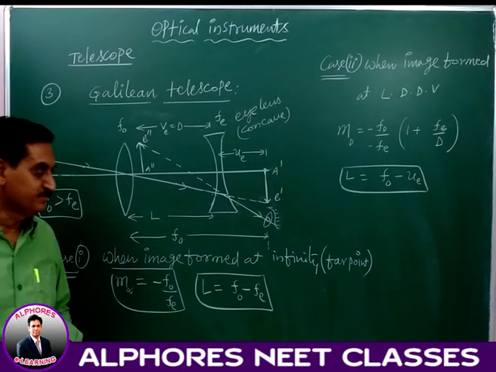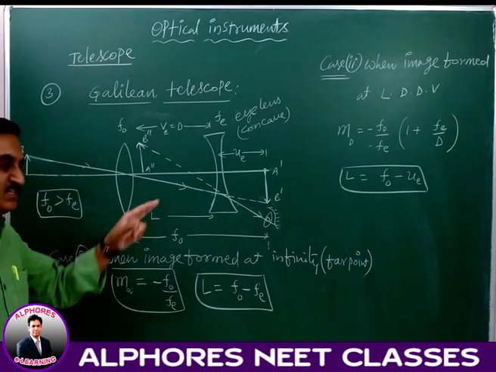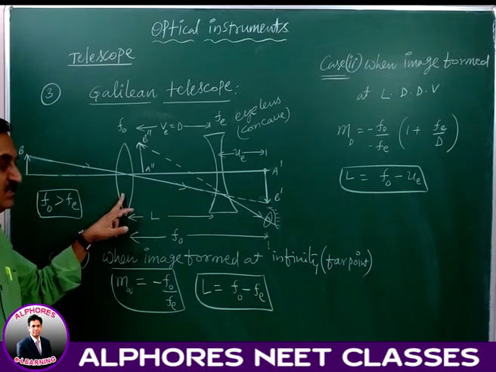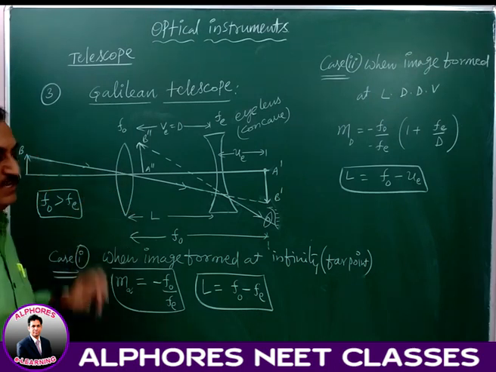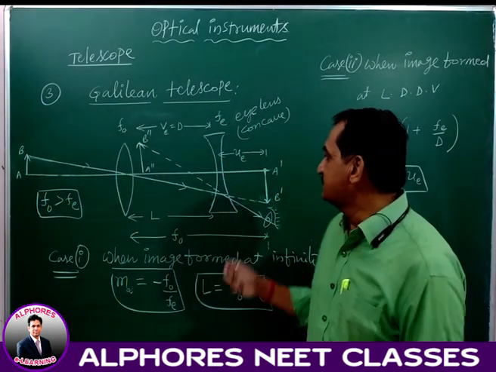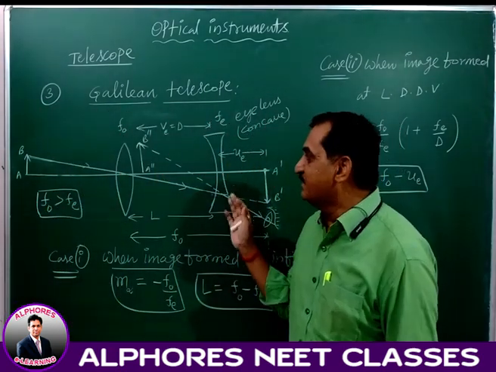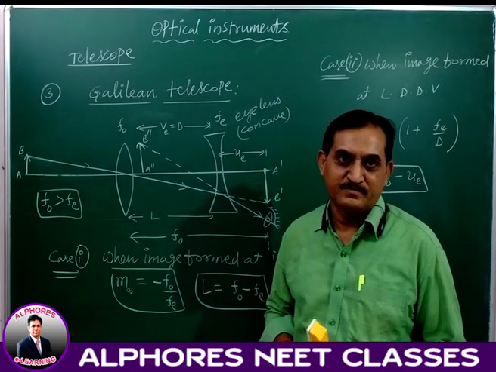Galilean telescope. The Galilean telescope has two lenses. One is a convex lens, which is the field lens or objective lens, and the other one is the eye lens, which is a concave lens. It is somewhat different from the other two telescopes.